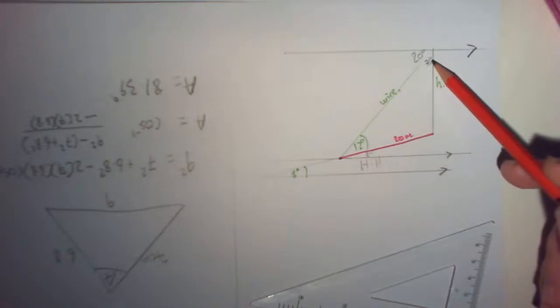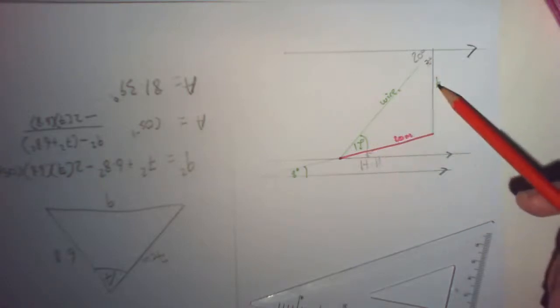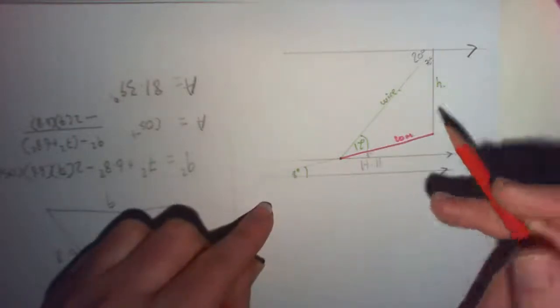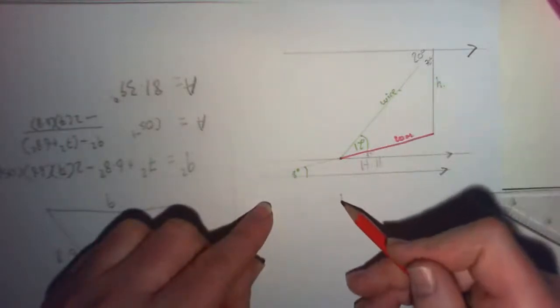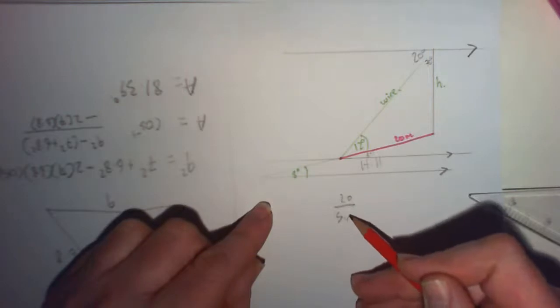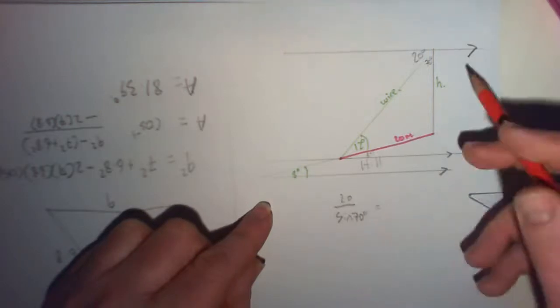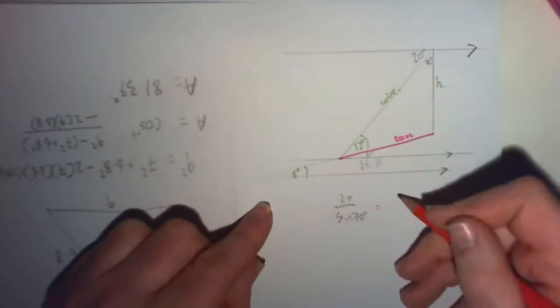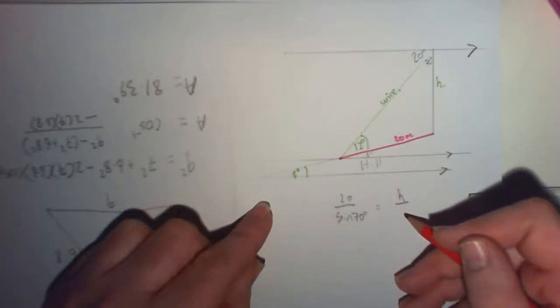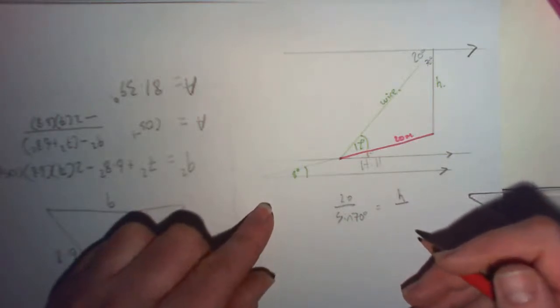So now do I have enough information to do something at least? I have opposites to help me now. So I can do a sine rule to get h. So let's see, 20 over the sine of 70 degrees is equal to h over the sine of 12 degrees.